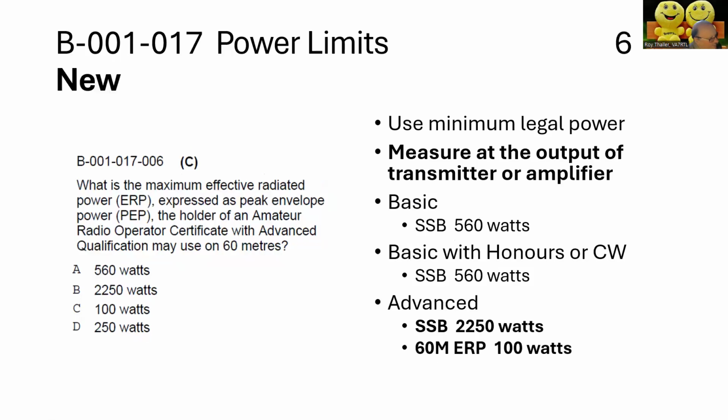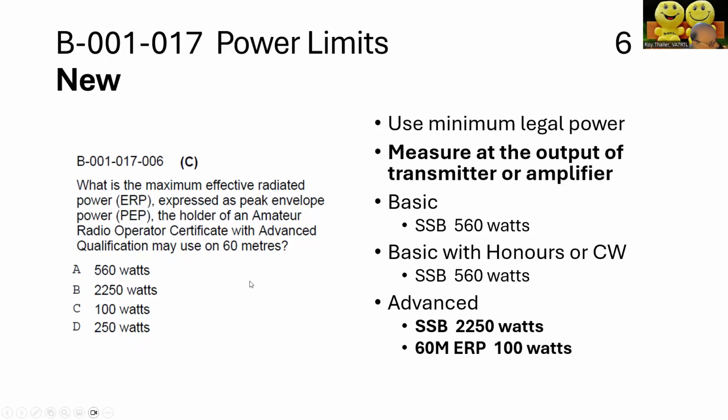Here's a new question. What is the maximum effective radiated power, ERP, expressed as peak envelope power, that the holder of an amateur radio certificate with advanced qualification may use on 60 meters? So 60 meters is a special band where you actually have channels. I think you have 6 channels at 5 megahertz.